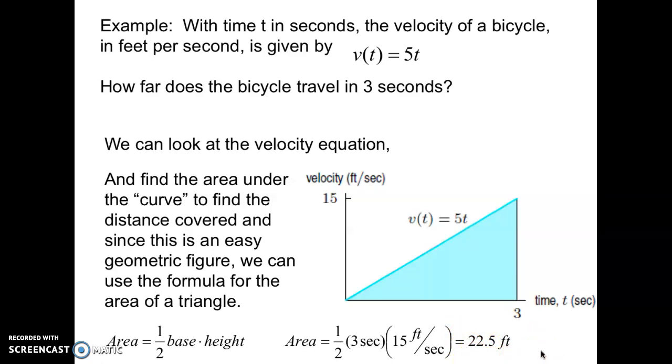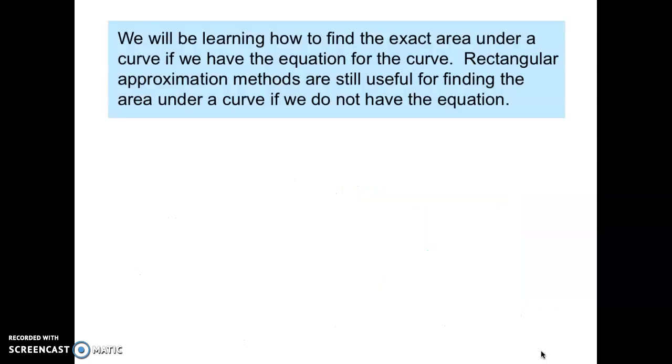Here we didn't have to use RAM methods because we had a geometric figure that we could easily find the area of. We will be learning how to find the exact area underneath a curve if we have an equation for a curve. Rectangular approximation methods are still useful for finding area underneath the curve if we don't have an equation.